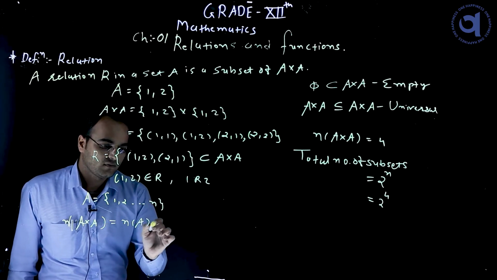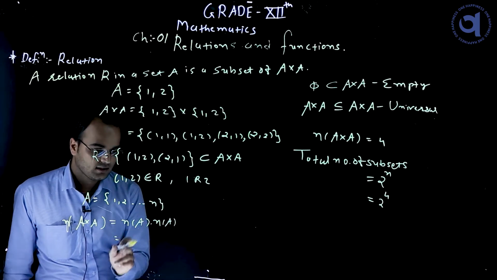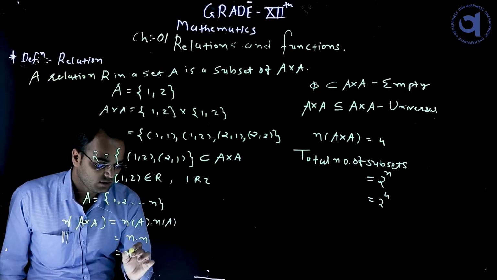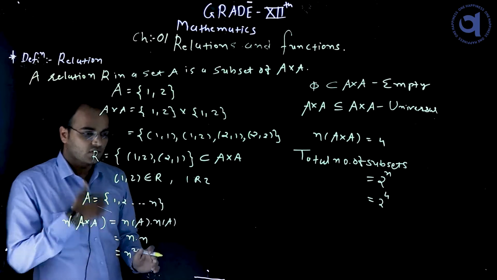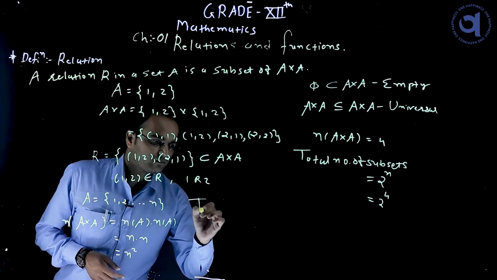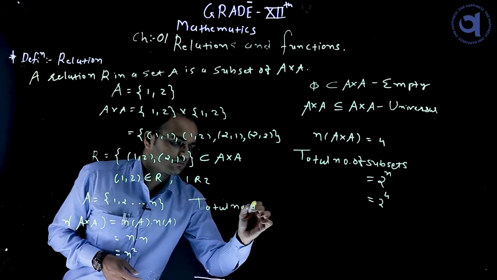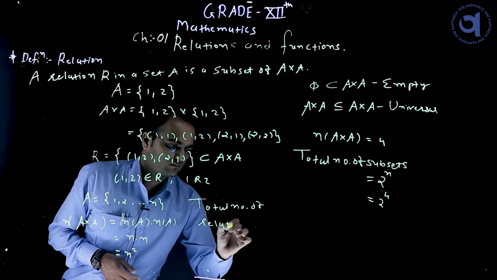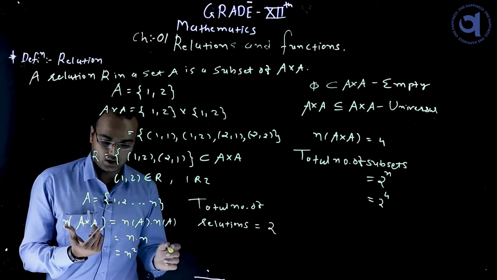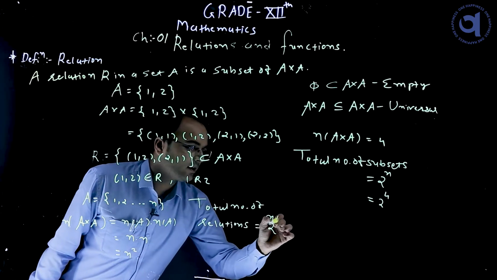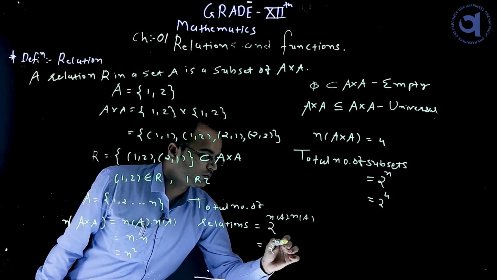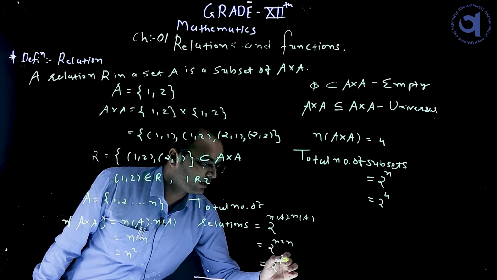We know the result: n(A cross A) = n(A) times n(A), that is n times n, equal to n squared. So the total number of relations on a set A having n elements is 2 raised to n(A cross A), which is 2 raised to n(A) times n(A), so 2 raised to n times n, equal to 2 raised to n squared.